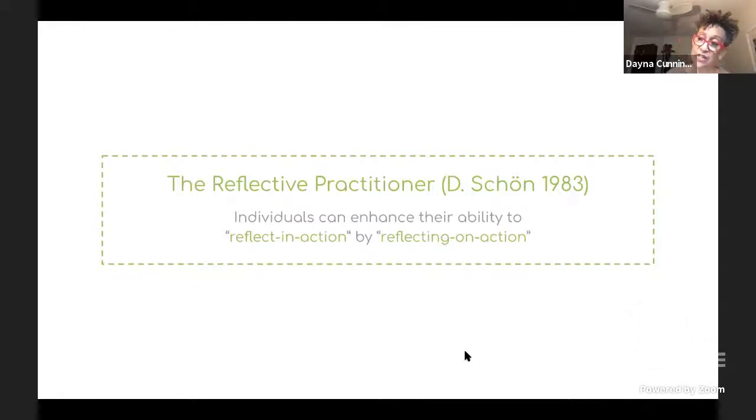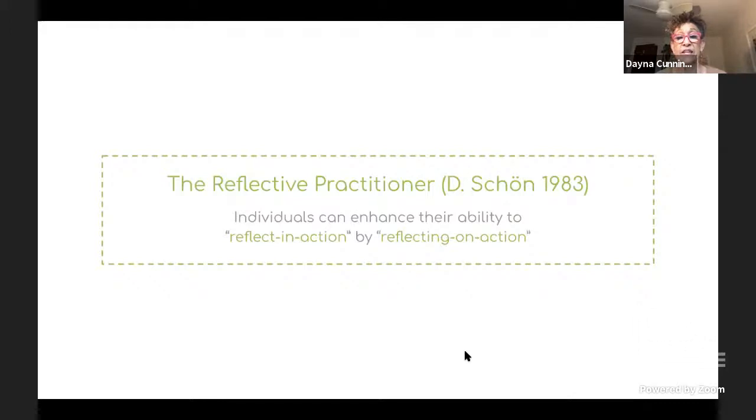Reflection in action is in the moment, as a practitioner, having some way of stepping back and a kind of metacognition about your own stance, your own conduct, your own work in a process.